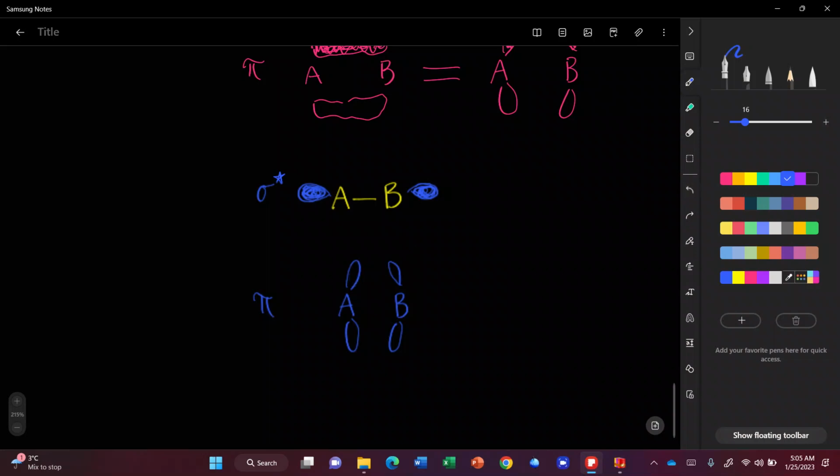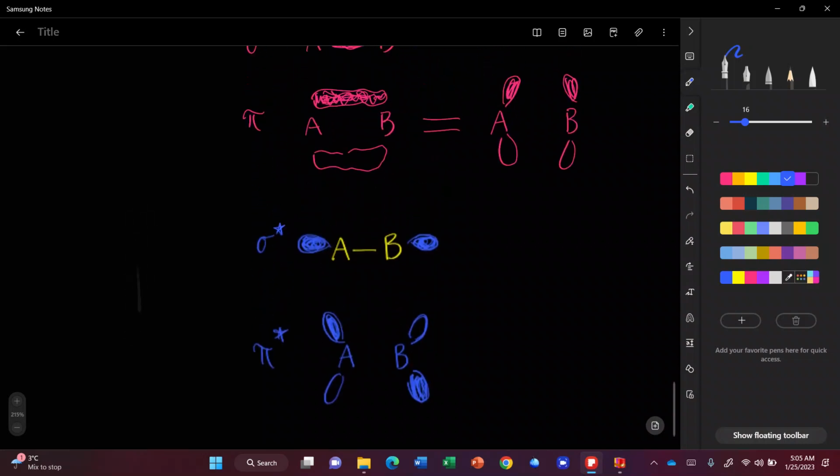When the shading isn't correct, you will get a pi star orbital. A pi star orbital is when the p orbitals are moving away from one another. This is actually what a pi star orbital looks like right there.